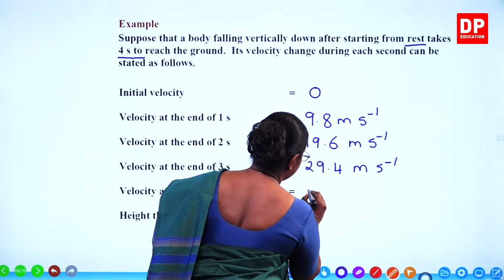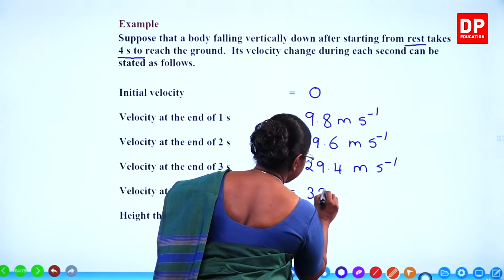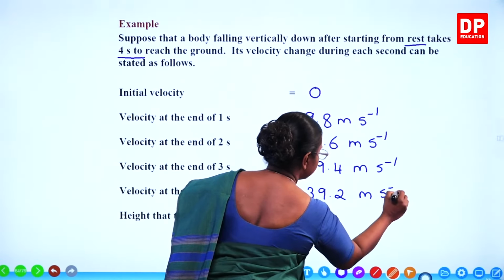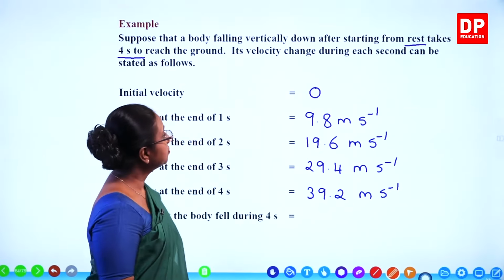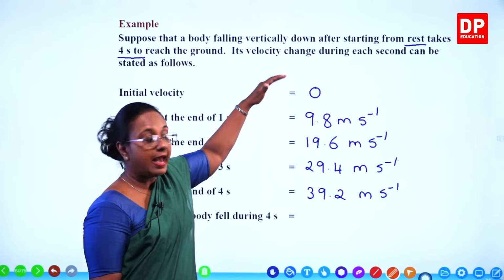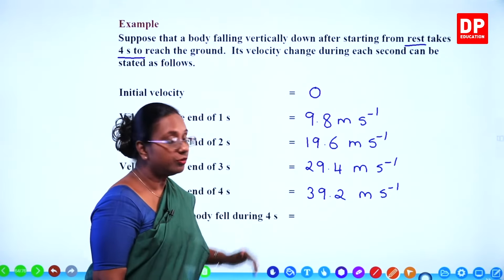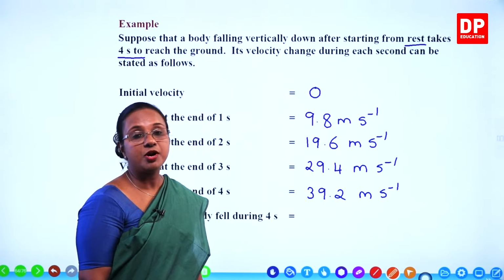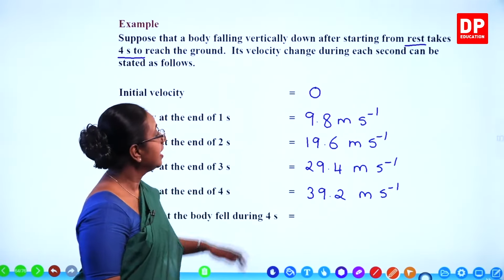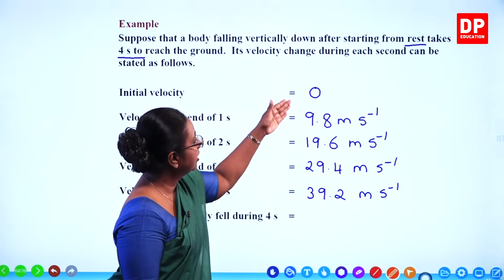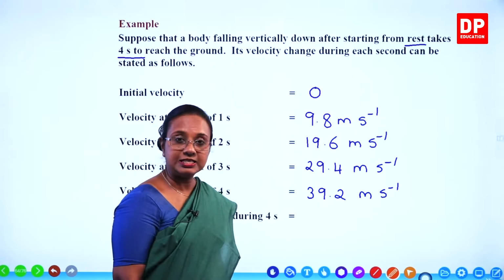So, we will have 39.2 meters per second. So, as you can see, the body fell from rest and moved due to gravitational acceleration, which is equal to 9.8 meters per second squared. Therefore, at each second time interval, the velocity increased like this.